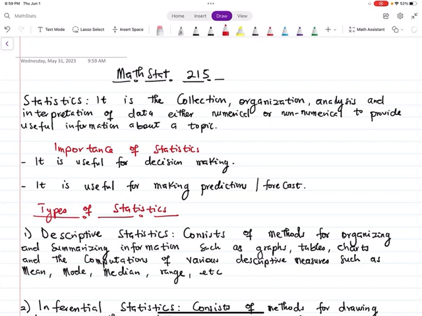And also, just like when COVID came, we were able to see the importance of statistics. With the help of statistics, we were able to see whether the cases were dropping or increasing exponentially with time.